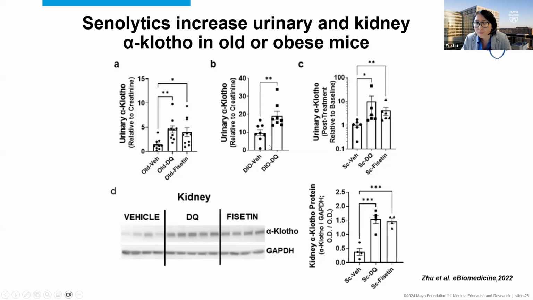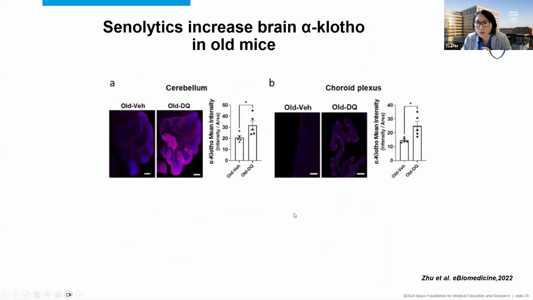In old mice, in diet-induced obese mice, and in senescent cell transplanted mice, in three different models, we see an increase of alpha-klotho in the urine, and we also confirmed the protein expression by Western blot in the kidney. We also saw an increase of alpha-klotho in the cerebellum and choroid plexus with D plus Q in mice as well.